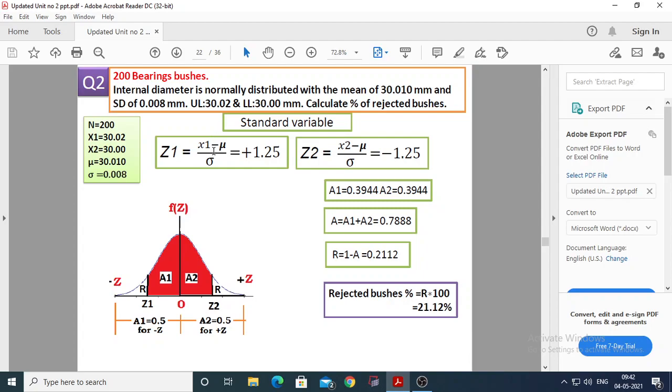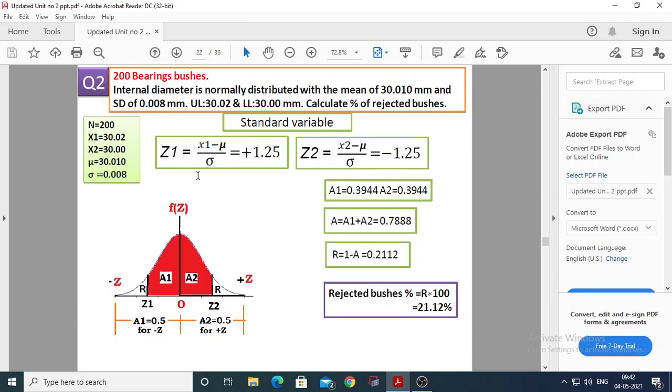If you know the formula, Z1 is equal to x1 minus mu divided by sigma. Then put the values. X1 is 30.02, mu is 30.010, and sigma is 0.008.